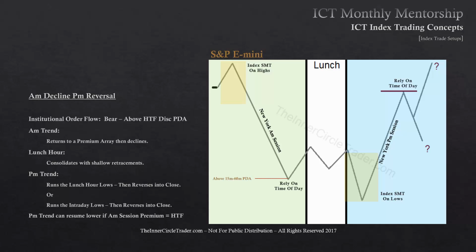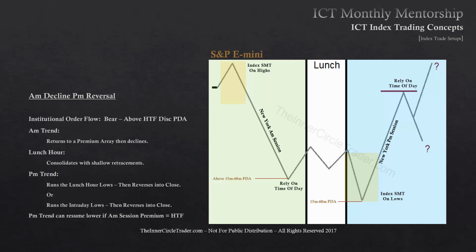In this diagram, the AM session low is suggesting the low forms above a 15 or 60-minute PD array, and therefore a lower low could be expected in the afternoon, trading down into the 15-minute or 60-minute PD array. And that would cause our, again, reason to justify a nested discount array.